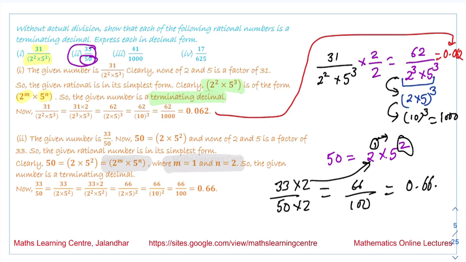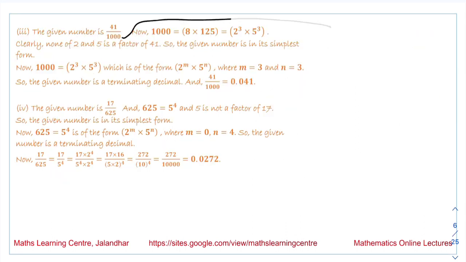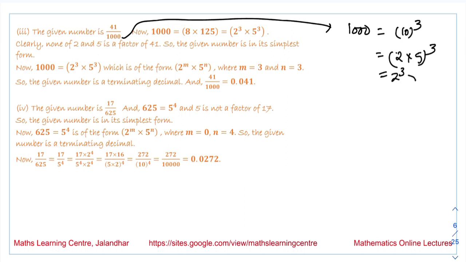Next, the number given is 41 by 1000. So we are talking about the denominator over here. The denominator is 1000. It means it is 10 raised to the power 3. That is 2 into 5 raised to the power 3. That is 2 raised to the power 3 into 5 raised to the power 3.